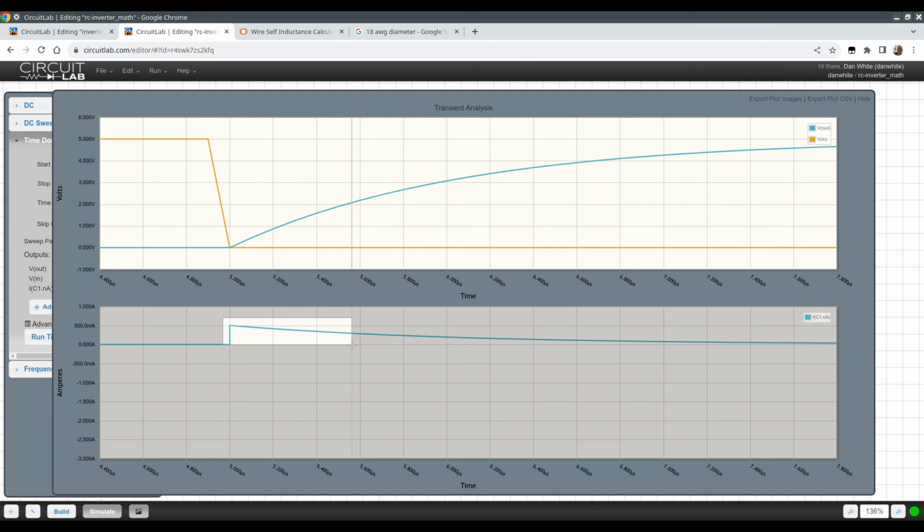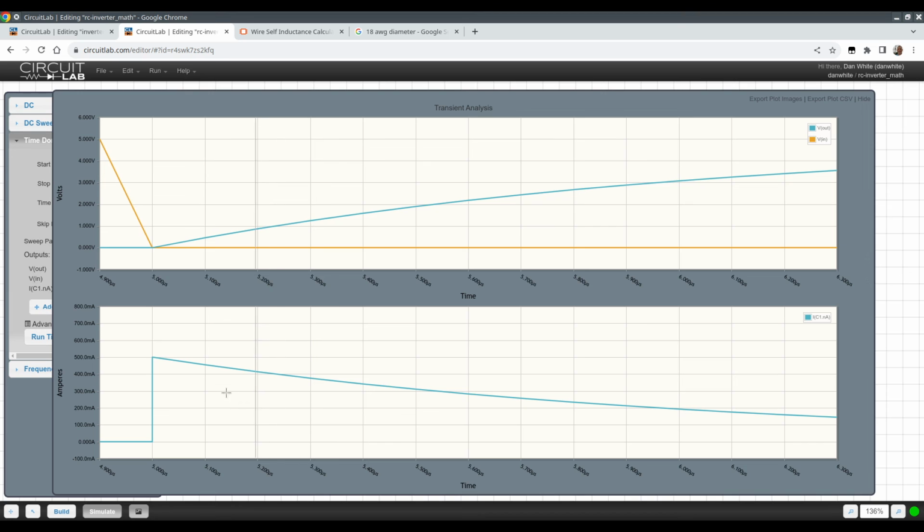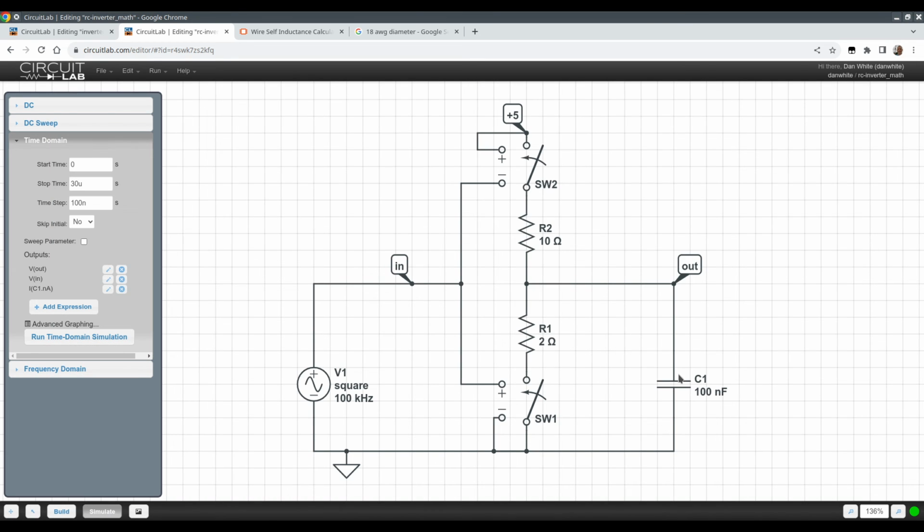And if you notice, or if you remember, our current was flat for a little bit when the transistor was in saturation mode, and then it went exponential. This time, this capacitor current is exponential the entire time because it's just an RC circuit. We have an initial condition, it's 0, and then the output charges up through R2.